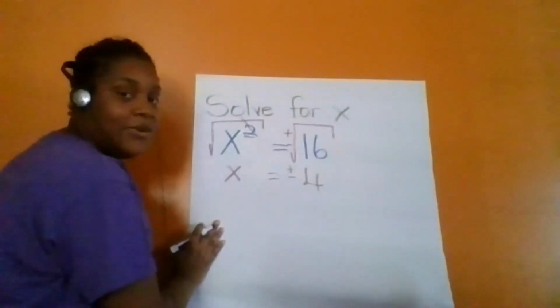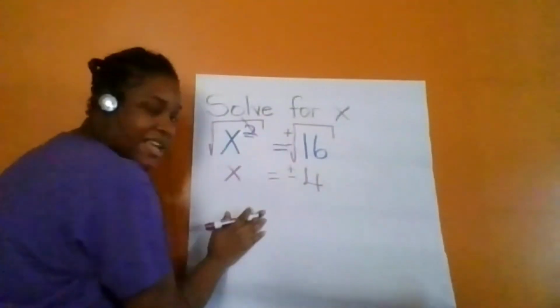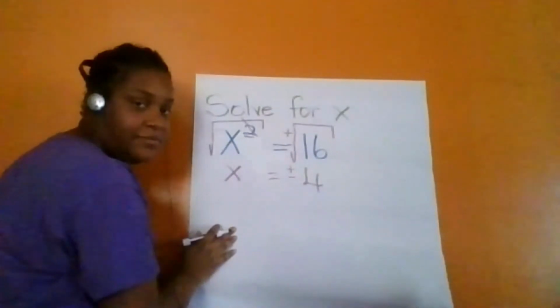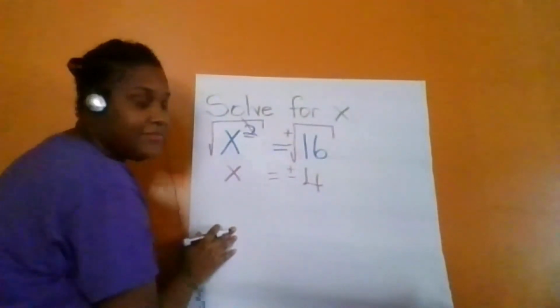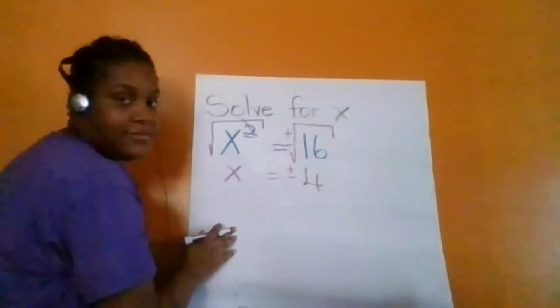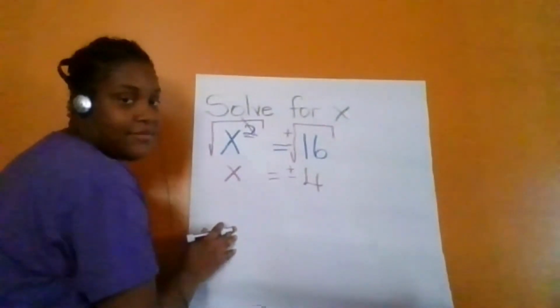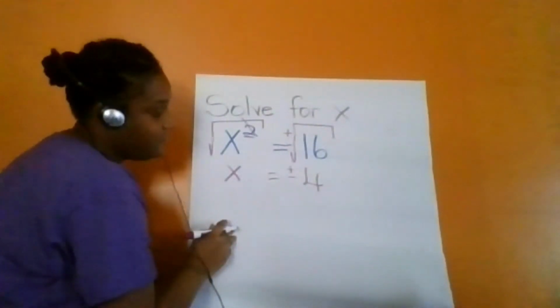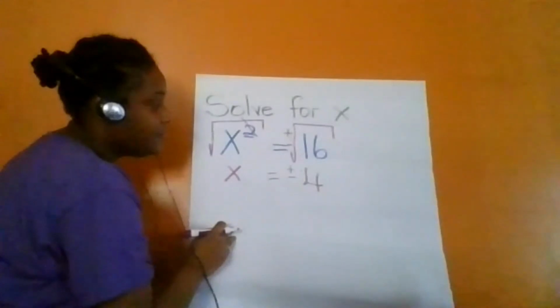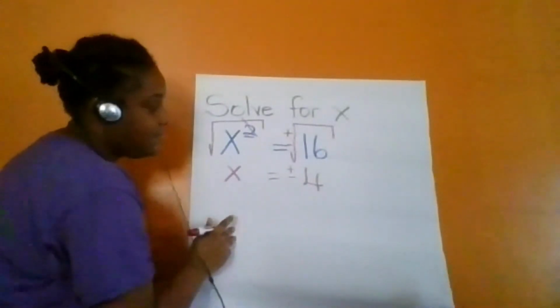Can you explain to us why we should have plus and minus? Because when we have x squared, we have two solutions, a positive one and a negative one. If we do minus 4 squared, it gives us 16, and if we do 4 squared, it also gives us 16.